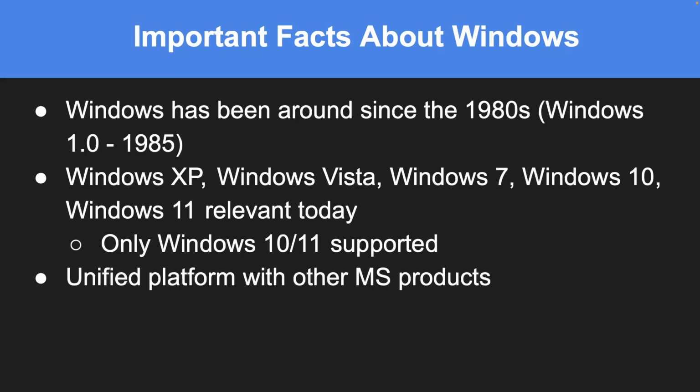Microsoft has also developed it so much that it is a unified platform with other Microsoft products like Windows tablets. I'm about to say Windows phones, but Windows phones is no longer a thing. There's also the Microsoft Xbox and a whole bunch of other Microsoft products that you would find hard not to use together.